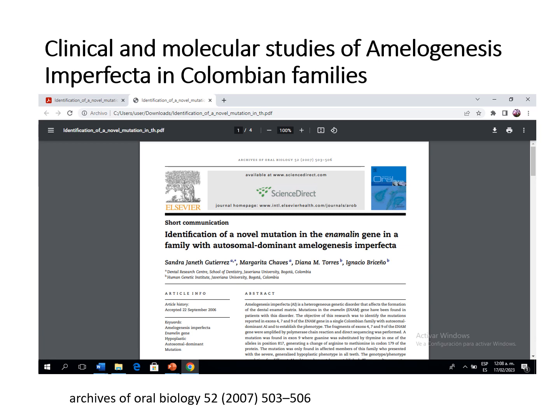Well, now I am going to tell you about some of the studies of amelogenesis imperfecta that we have carried out in Colombia. This is one of our first studies, which was carried out in 2007.